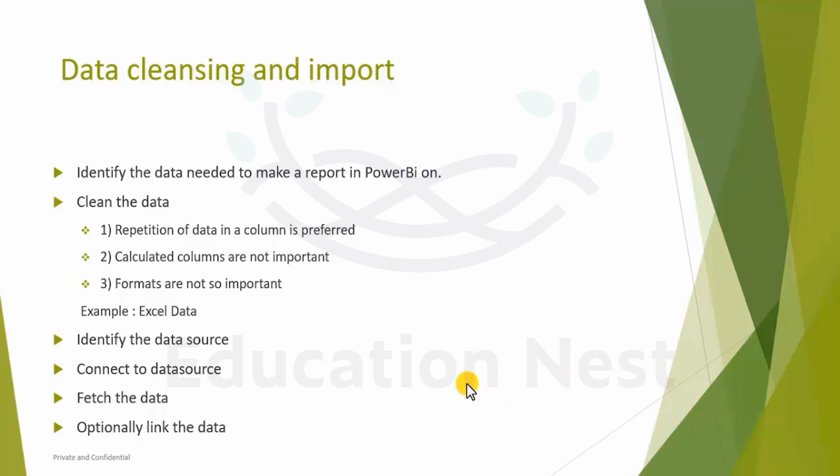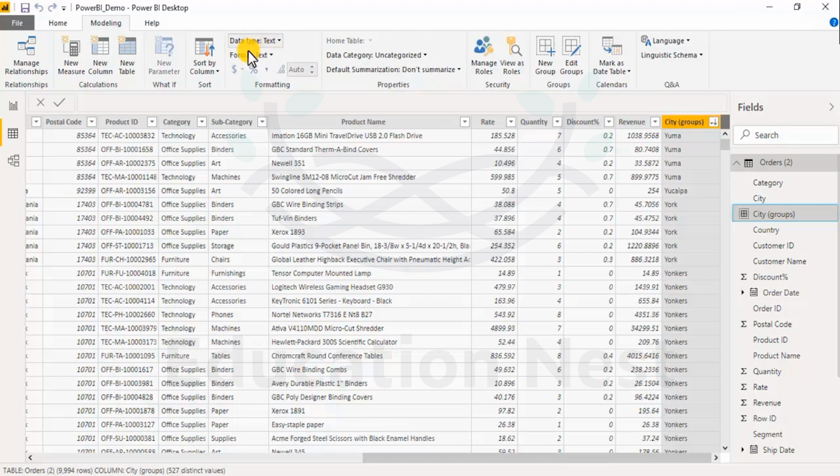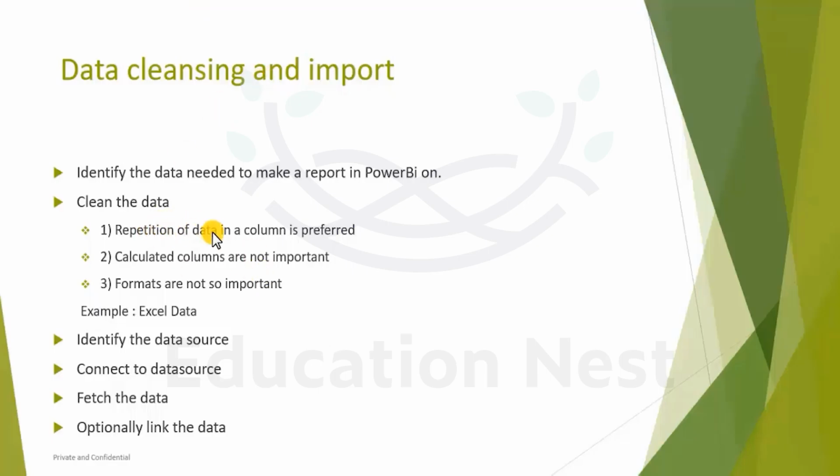There are calculated columns. If there are, they can be ignored. If you don't have, you can make it in the Power BI desktop after importing as well. Formats are not so important, like I told you that formats can be changed over here. You can add a new column and you can derive a new formula. So formula is a measure and column is a new column, and type is not important.